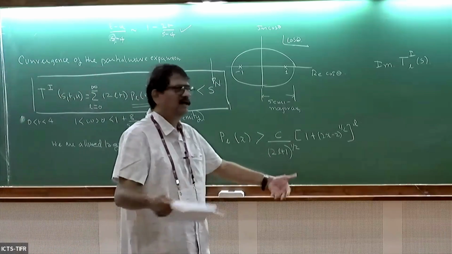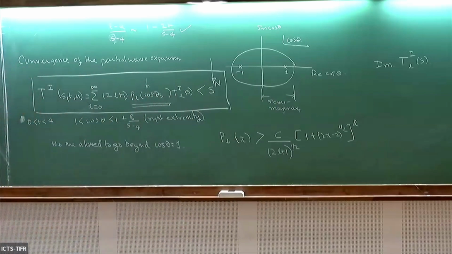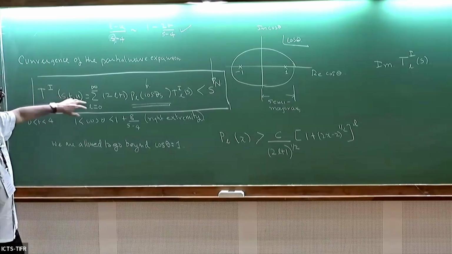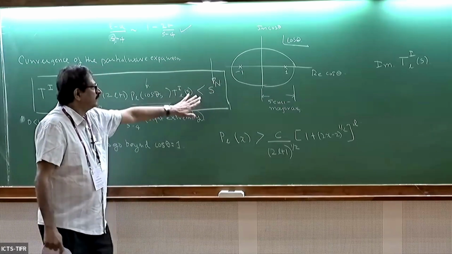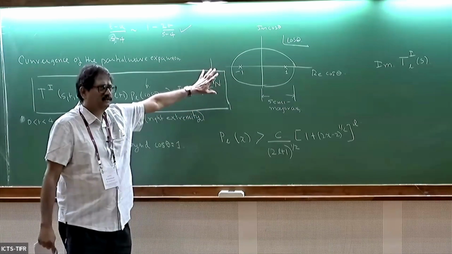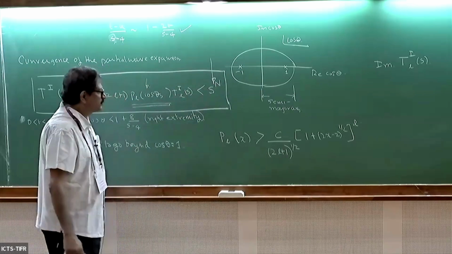It necessarily has to go, otherwise nothing makes any sense if nothing is bounded. So it translates into a bound on Ti of S, that it has to be smaller than S to the n asymptotically, but it doesn't tell you what n is, okay? But you don't care for the moment. You know that this has to be true.